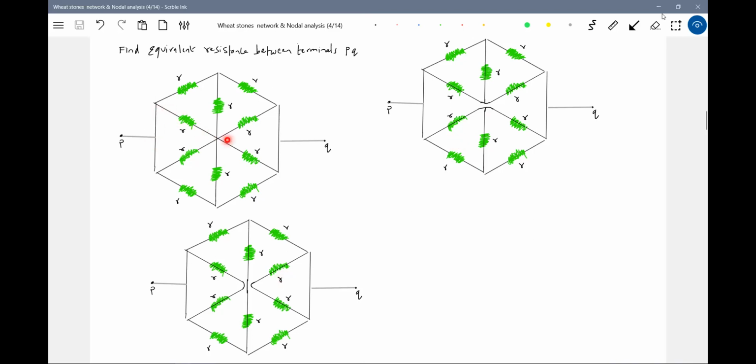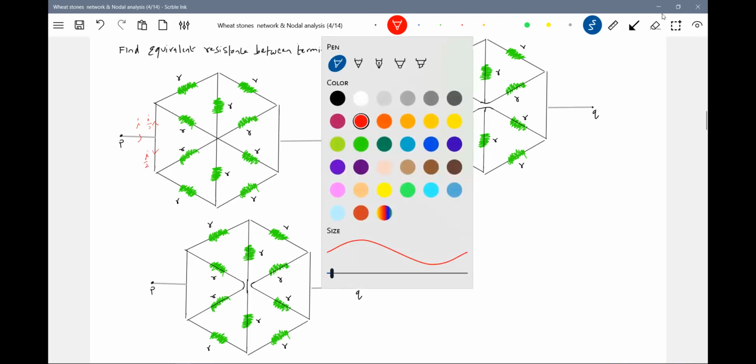Here, you have to go for current distribution. Let the current I enter here. This will branch out, I/2 and I/2, the division of current.